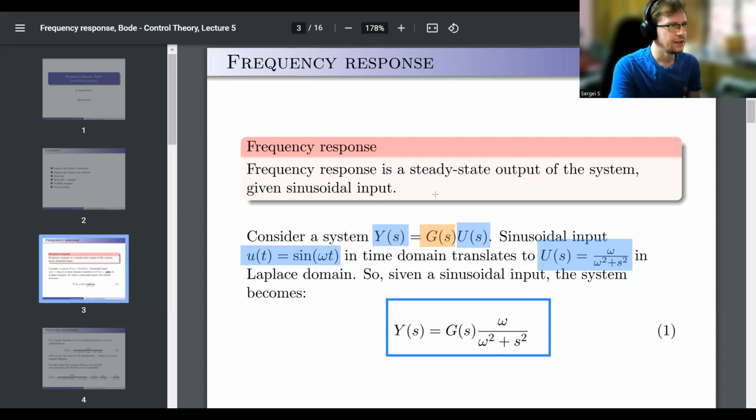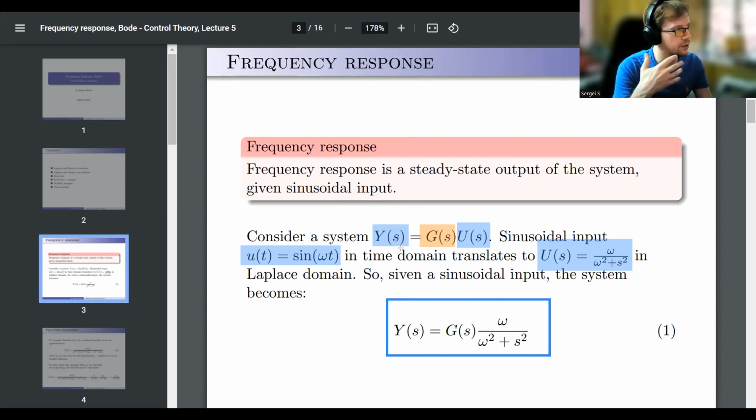What is interesting is that here we can say, if we can analyze how this behaves for different omegas, then we can pretty much analyze what's going to happen with this output.